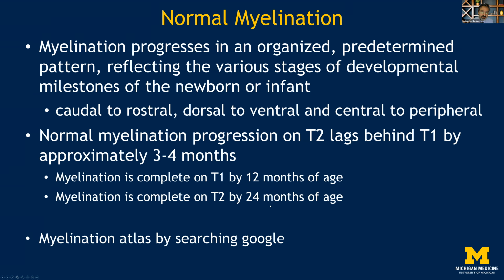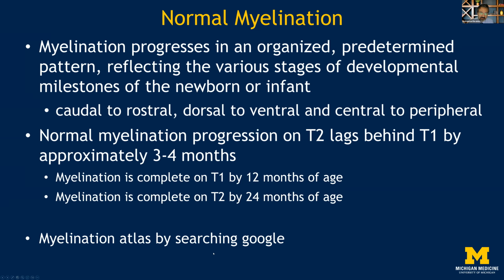However, keep in mind that we still have what are called the terminal zones of myelination, typically seen up to 3 and 4, sometimes 5 years of age. So keep this in mind whenever evaluating the brain of young children.